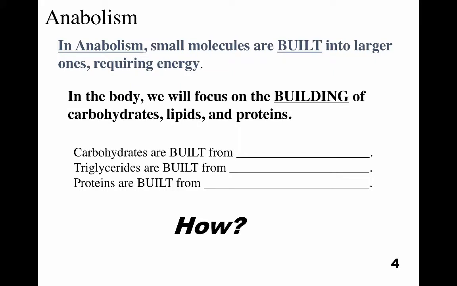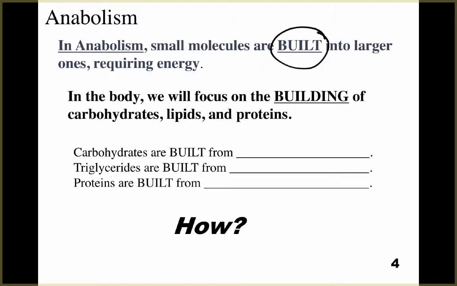So anabolism, or anabolic processes, are when we build larger molecules from something that's small. Since we're in the body, we're going to focus on building carbohydrates, lipids, and proteins. When we're talking about carbohydrates, what are the individual types of molecules that carbohydrates are built from?